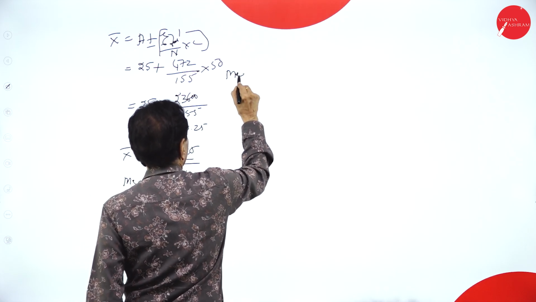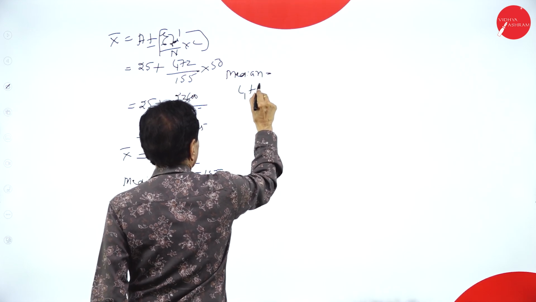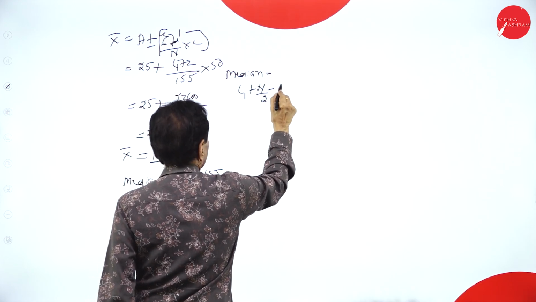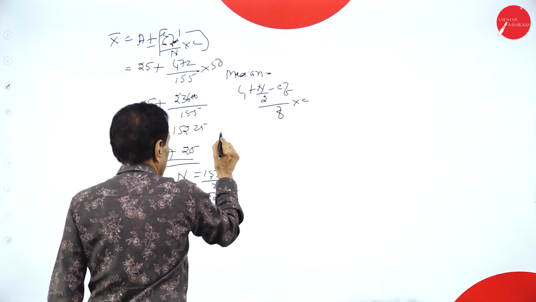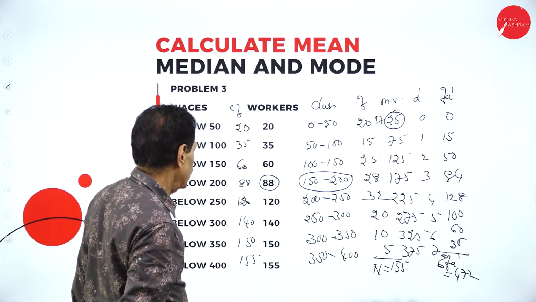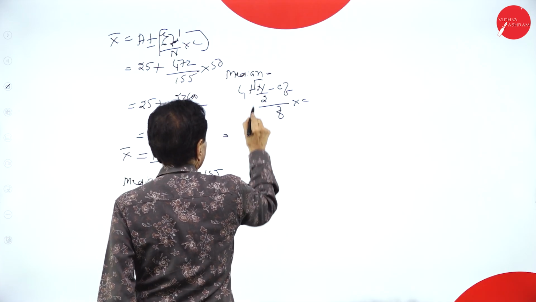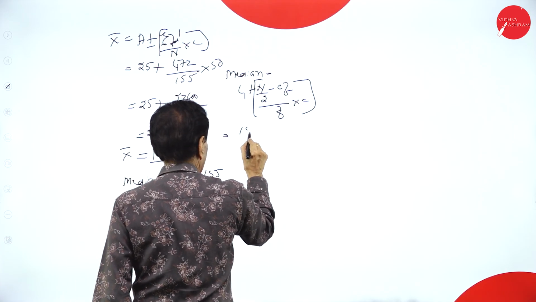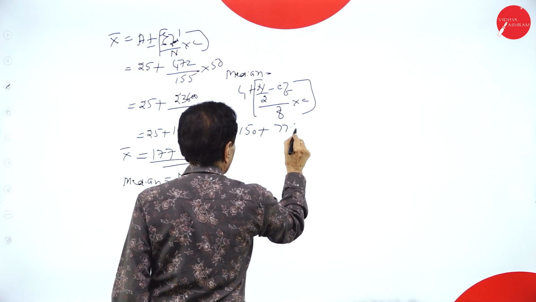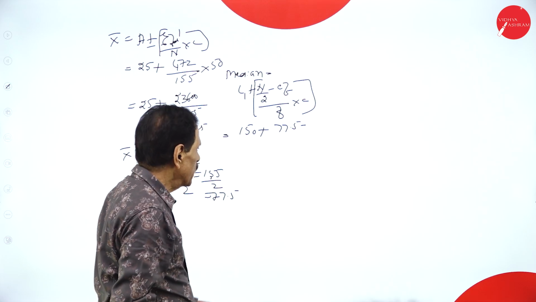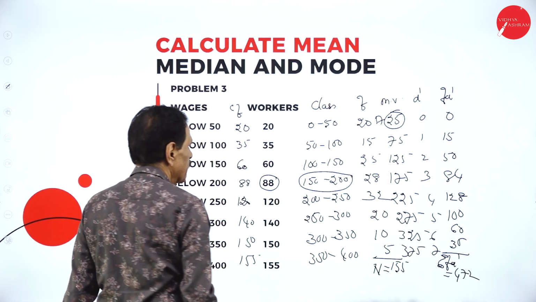Median is equal to L1 plus N by 2 minus CF over F into C. Which range you are selected? 150 to 200. This is your class. 150 plus 77.5 minus, behind that you selected this one, 88.